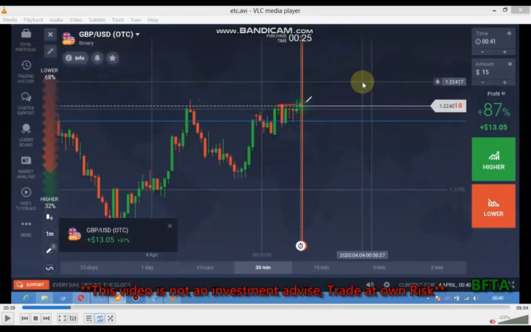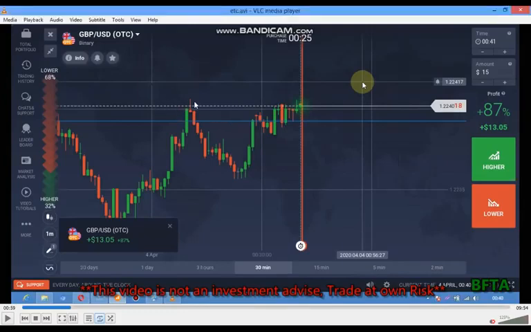When I saw that, I noticed that assuming I didn't go back to check all these levels, I would have lost this trade by placing a call. But when I went back again and checked, I saw that the area started from here and it ends here. So when I saw that, I just placed my trade with a put option.